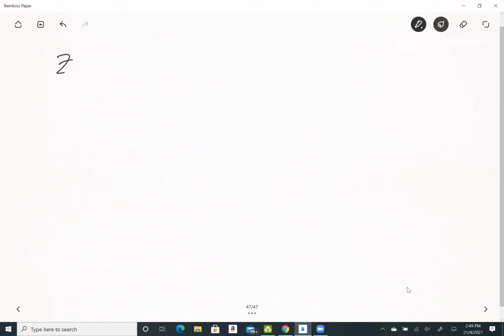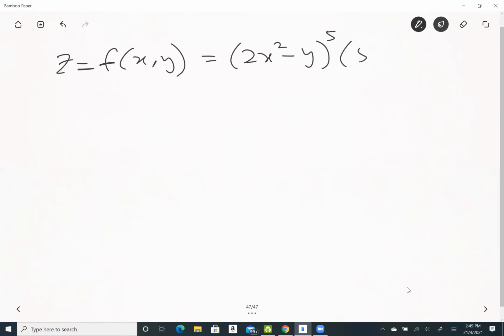So let's say I got z equal to f of xy equal to 2x squared minus y to the power of 5 multiplied by 4x to the power of half plus 5y to the negative 3. Okay, everything to the power of 7.